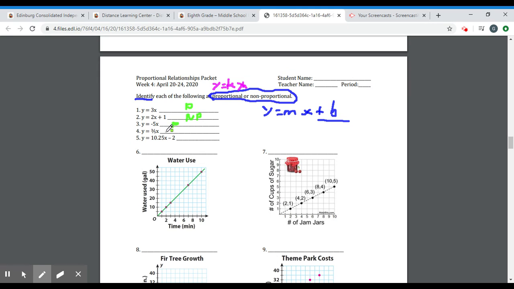Do I have anything extra past my variable? Nope. So it is proportional. And then the last one says 10.525x minus 2. Do I have anything extra after my variable? Right. So then it is non-proportional.